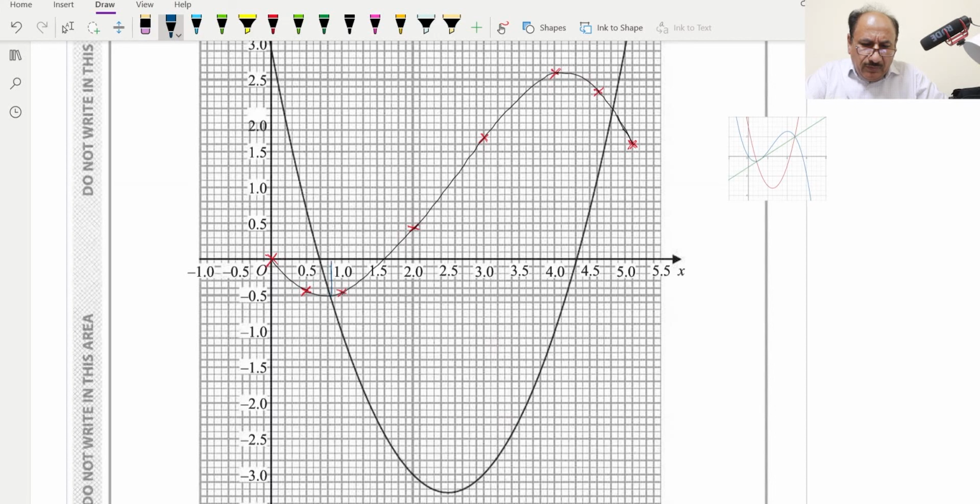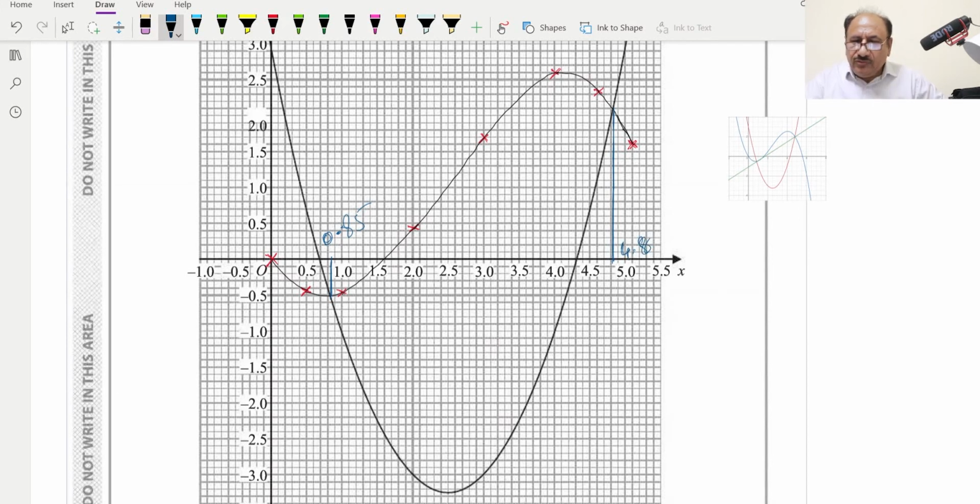This one will be over here. The x value will be, we can write, 0.85. This will be the x value over here, and the other x value will be over here. It will be 4 point, over here we can mention as 4.8.